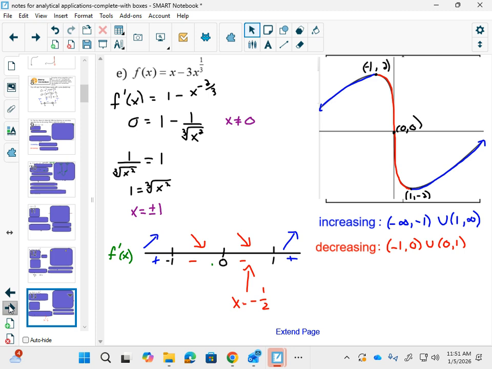So I'm going to plug in -1 into my original equation. I'm going to plug 0 into my original equation. There are no non-permissible values in your original equation, which means your graph is going to be continuous all the way through.